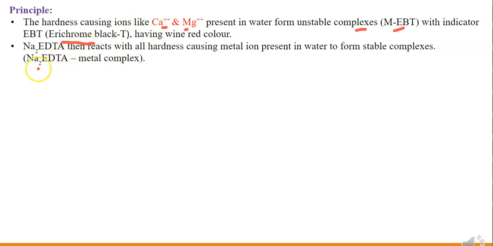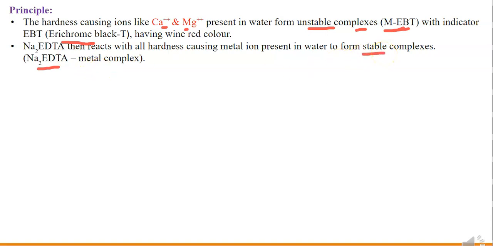The chemical which we are going to use, the disodium form of EDTA, also forms a complex with the metal ion. The difference is that the complex formed between metal and indicator is an unstable complex, while the complex formed with the disodium form of EDTA and metal ions is a stable complex.